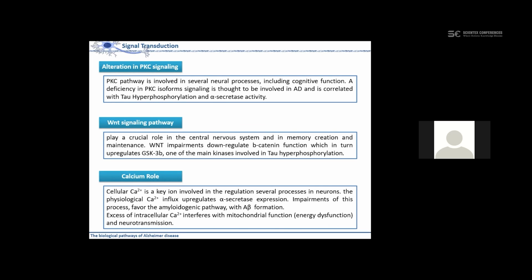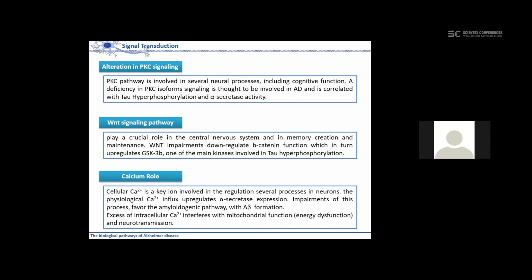And the role of calcium. We know that cellular calcium is a key ion involved in the regulation of several processes in neurons. The physiological calcium influx upregulates alpha secretase expression. Impairment of this process favors the formation of beta amyloid, and so the accumulation of plaques.